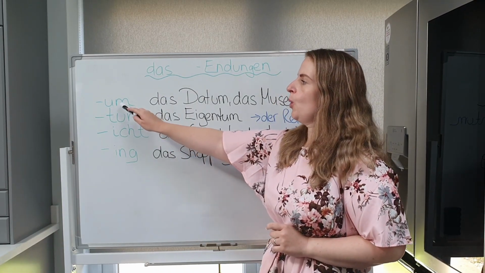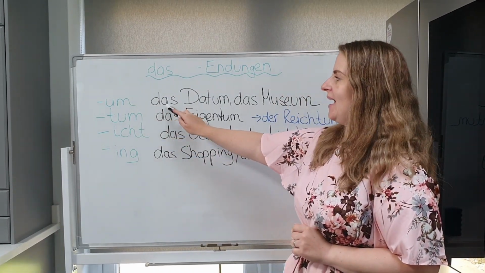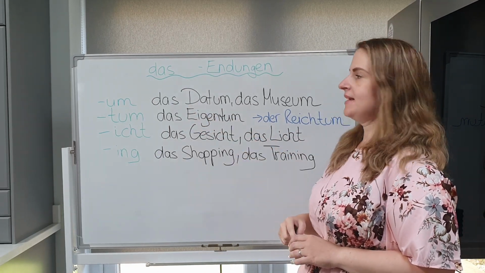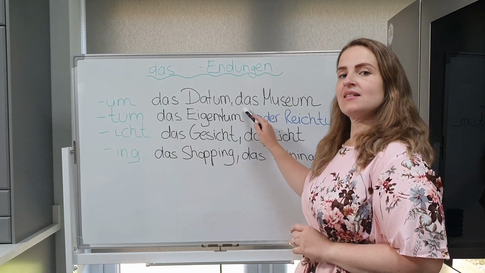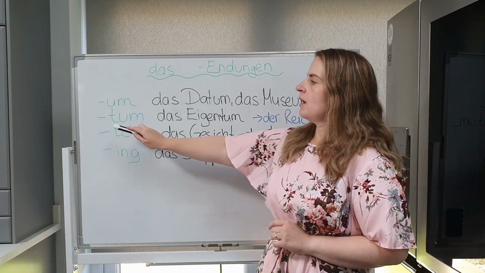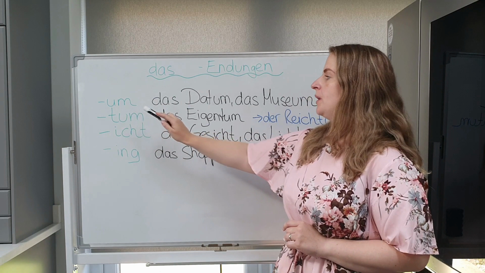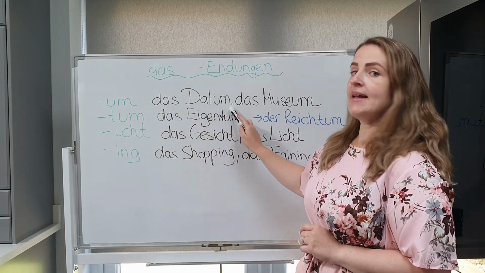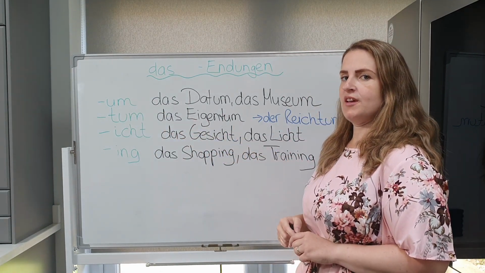Nouns ending with -um, for example, das Datum, the date, or das Museum, the museum. Nouns ending with -tum, das Eigentum, the property or possession.